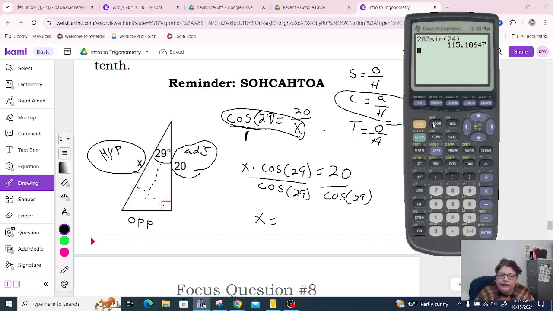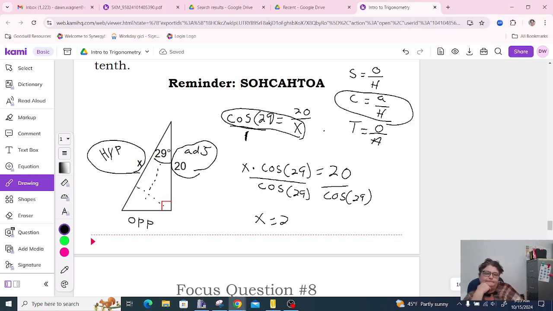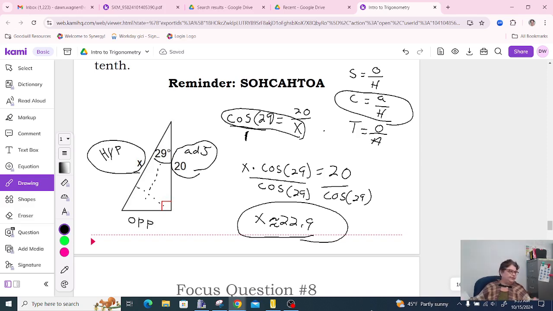I'm in degree. So I'm going to do 20 divided by cosine 29, and then press enter, and it would be about 22.9, approximately, because I rounded. Make sure you're able to get that in your calculator.